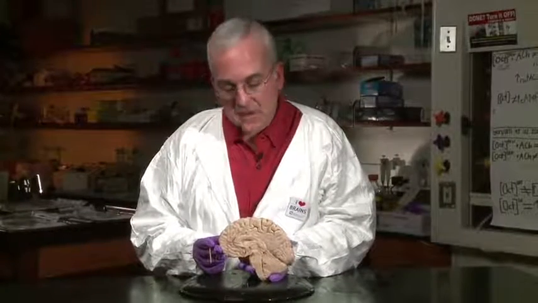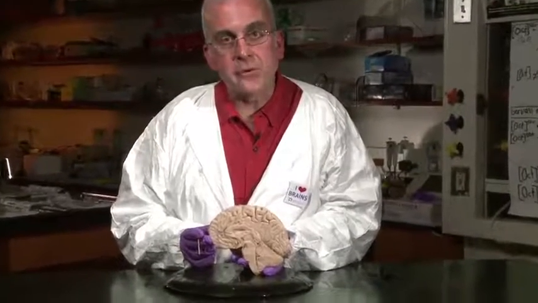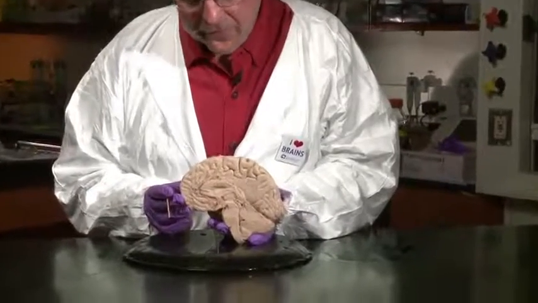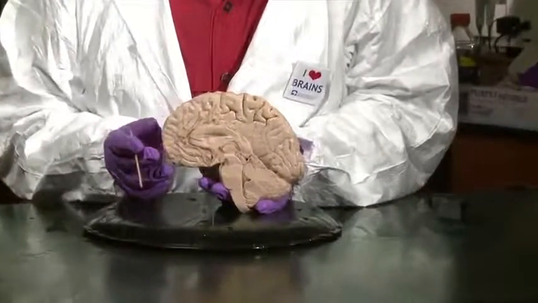Now let's explore the medial surface of the human brain using a specimen that's been cut right down the midline in the mid-sagittal plane. To reorient you to this view of the brain, let's again identify the embryological divisions that are visible in this view of the brain.